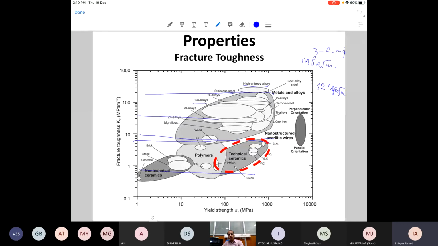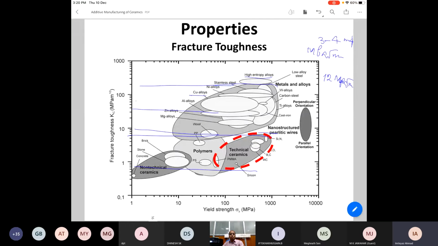If you are heating or processing it, you eventually end up with cracks. That's the reason why, even though they are very strong materials, a processed product will fail if you apply a load, and fail in a brittle manner. The failure will be very much unpredictable. So that's the problem with the ceramics.